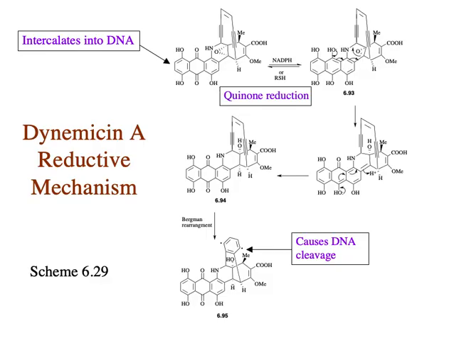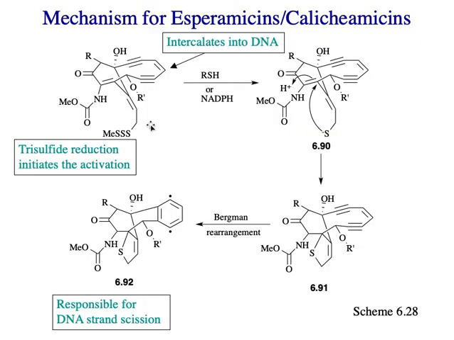And so dynemicin again has a reductive mechanism, but it's a different way. Whereas here we have this trisulfide bond that gets reduced to an S minus, and this S minus is what's going to act as the nucleophile. So it's reductively activated.